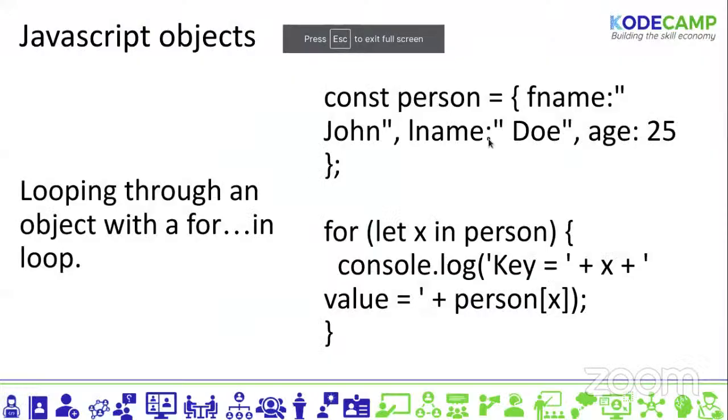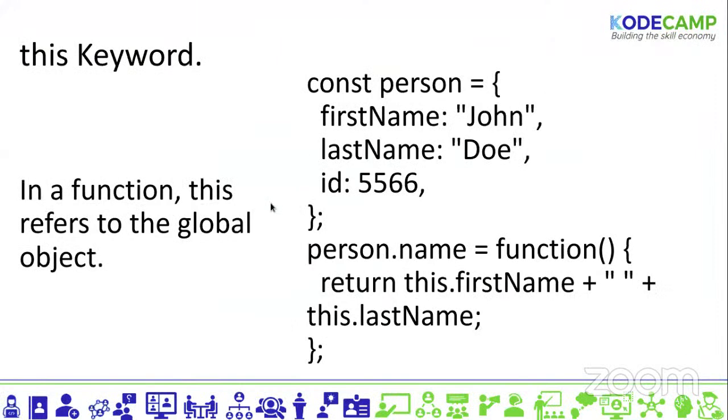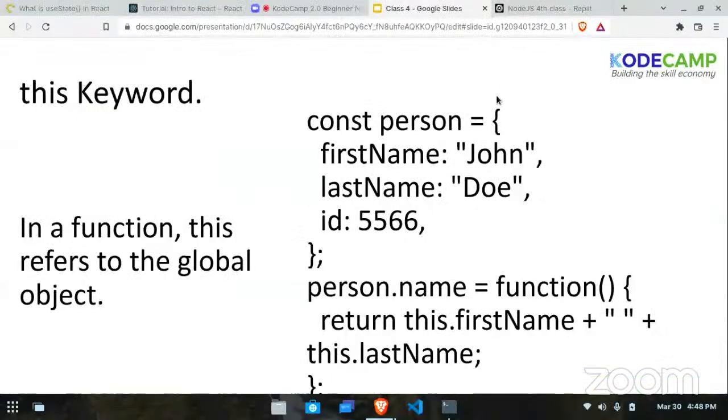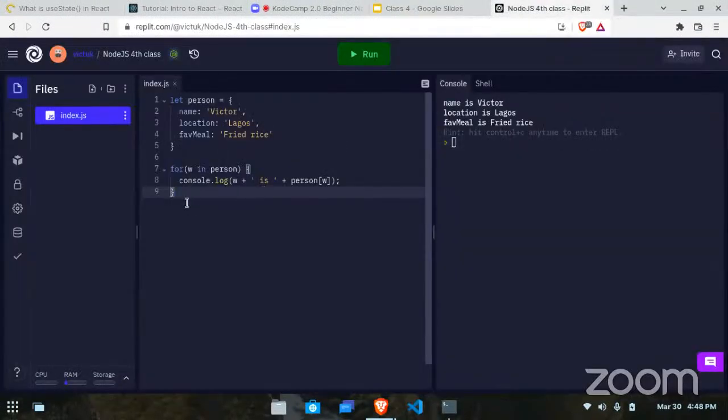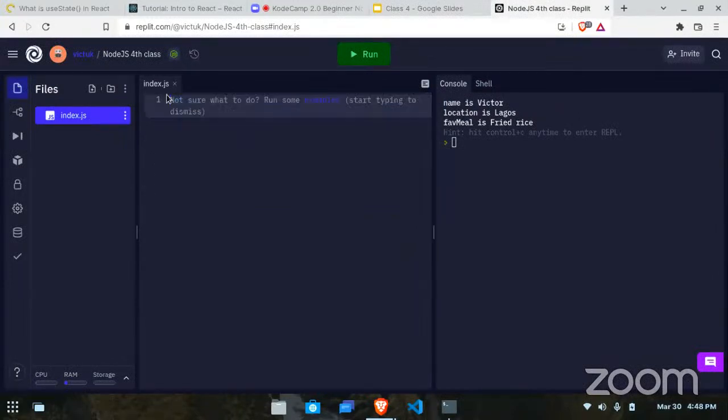Then let's continue. Another thing we are going to talk about is using the this keyword. Since we haven't treated functions, I guess I just have to introduce functions, because it's very important now. Most times you don't want your code to just run from the beginning till the end, with everything running at once.